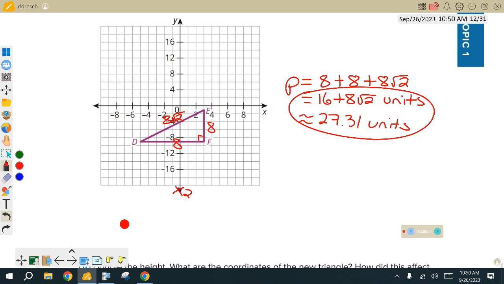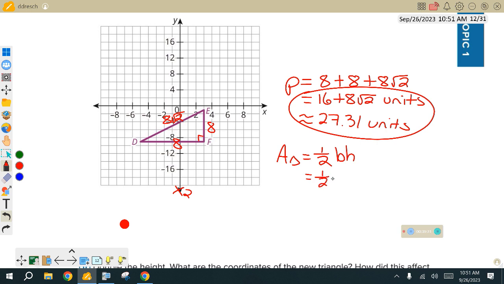Finish it off. How do I calculate the area of a triangle? It's just the base times a half. 1/2 base times height. What is my base and height here? 8 and 8. It's got to be perpendicular. So 8 and 8 are the perpendiculars.